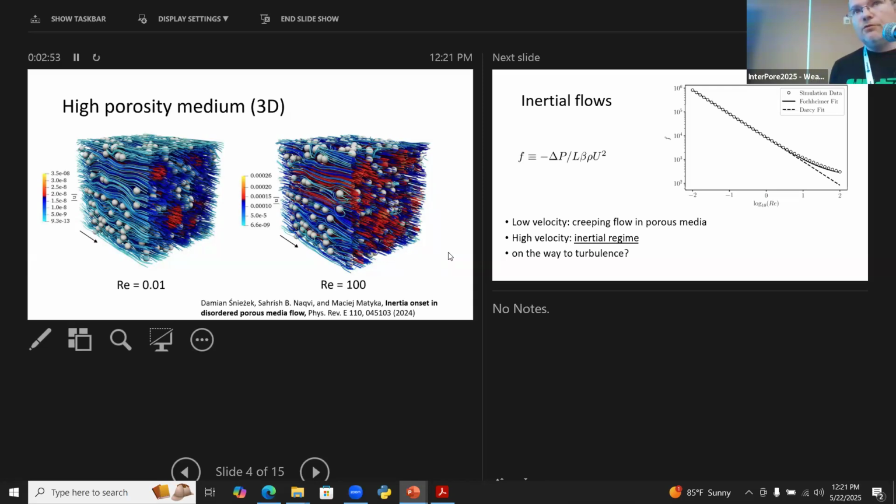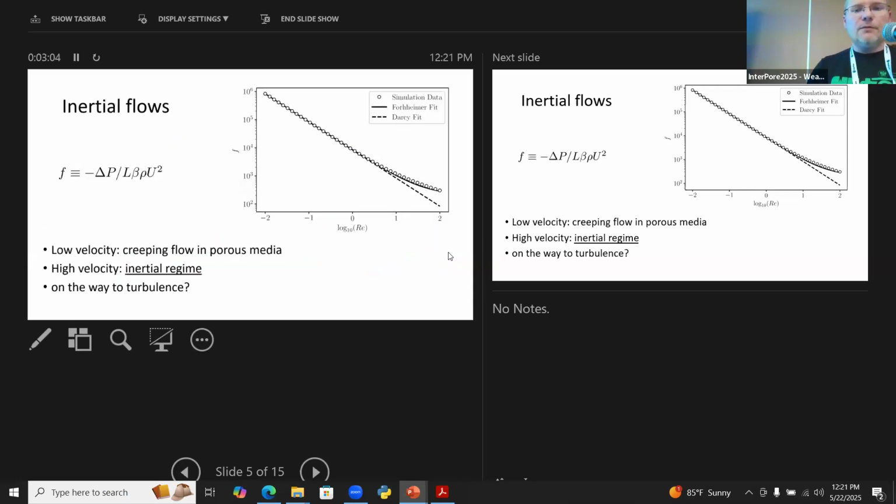Whereas if you increase the Reynolds number, you see highly dispersed kinetic energy, visible as dispersion of those preferential channels. So it was of our interest to quantify that.